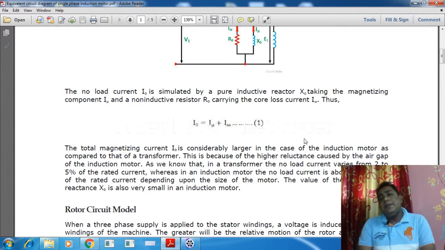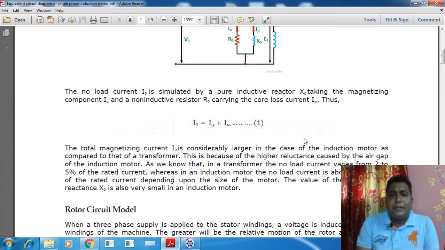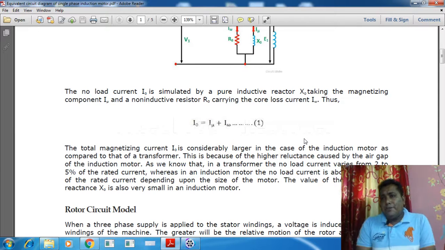Next, the total magnetizing current I0 is considerably larger in an induction motor as compared to a transformer. In a transformer, the value of I0 is 2 to 5% of its full load current.